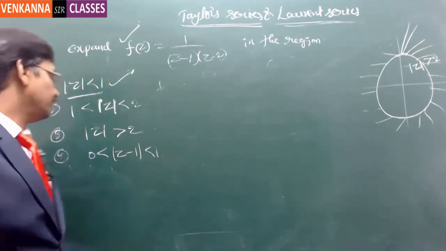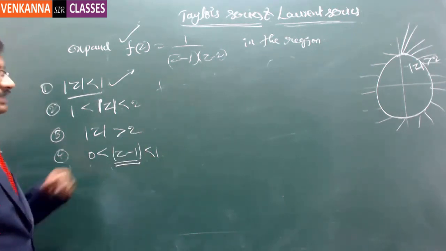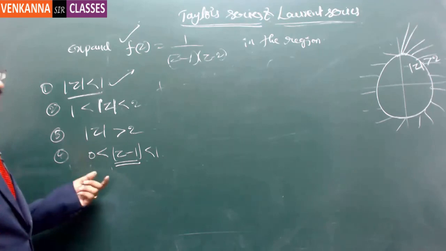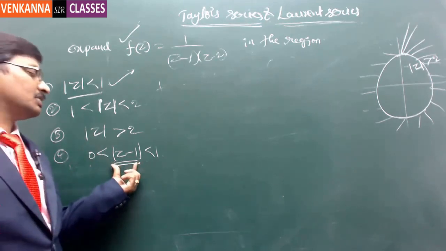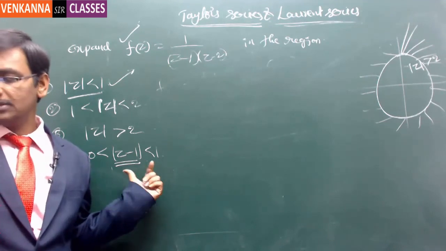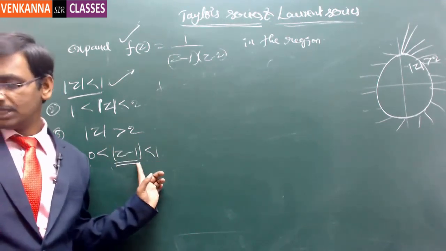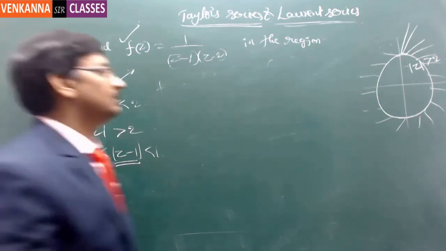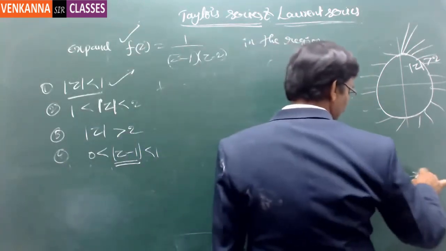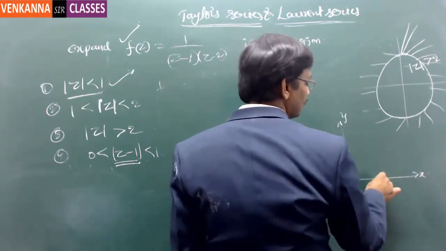So now actually in this case, mod z minus 1 is given. In such cases, the only information you have is mod z minus 1. Now in that case, the region has to be expanded only in terms of z minus 1, because the region he has specified is, this is x-axis and this is y-axis, then z is equal to 1 is this point.